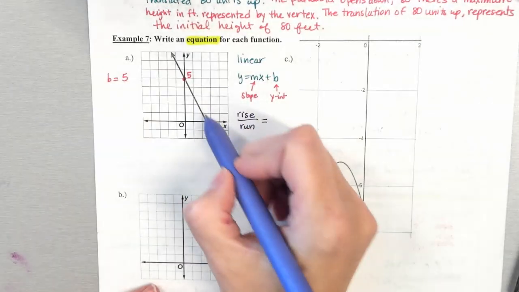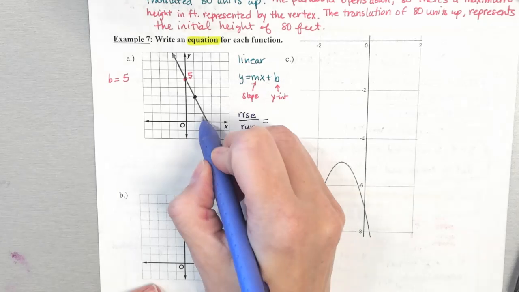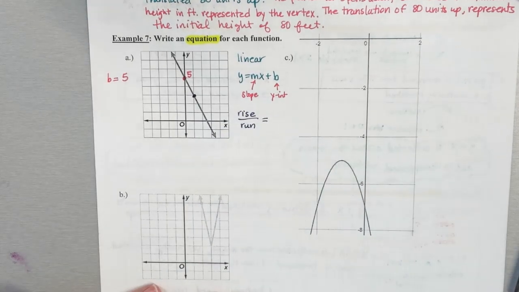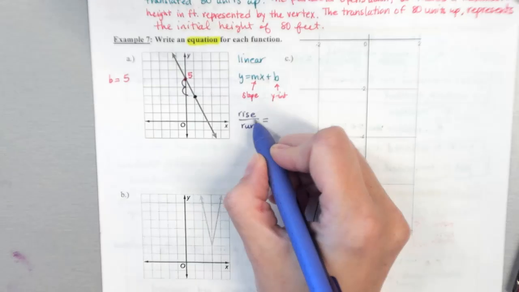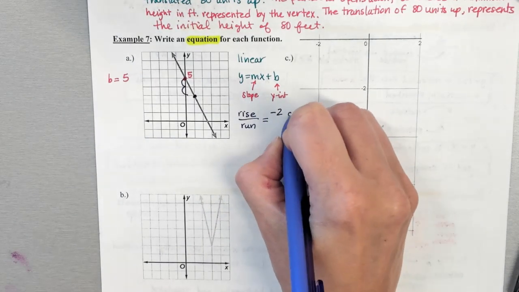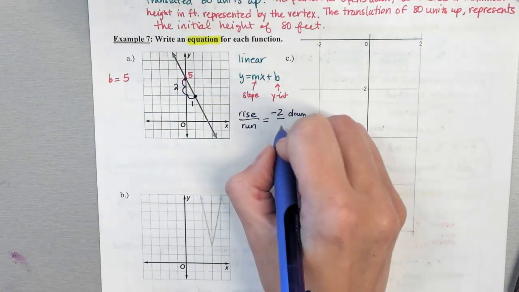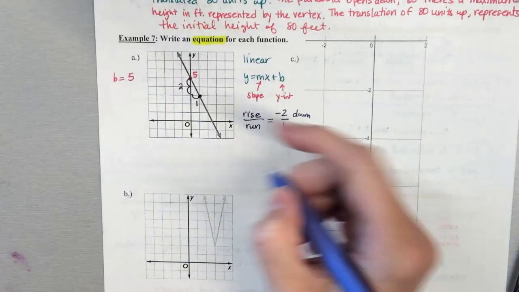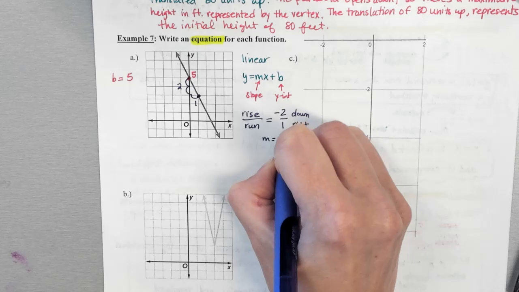So we just have to find another point that's exact. So you could use this one, you could use that one, and then you just might have to reduce. So you would go down 1, 2. The rise is up or down. If it's down, it's negative. And then you could do the run, which would be 1. And because you're going to the right, your slope would be -2.